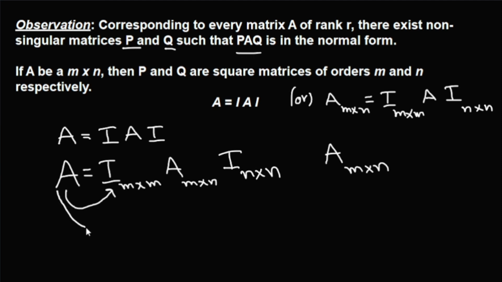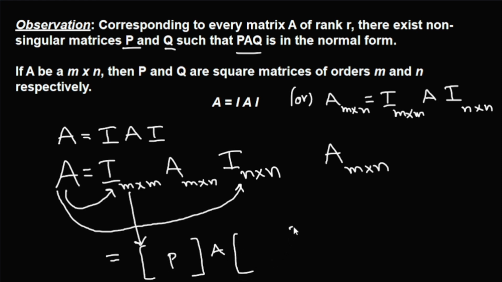Whatever column operations you perform on the left side A, you perform the same column operation on the postfix identity matrix. Then automatically, after a finite number of steps, in place of the prefix identity matrix you will get a matrix which we call P, and the postfix identity matrix will be converted to another non-singular matrix which is Q. So we are able to express the matrix A in PAQ form.